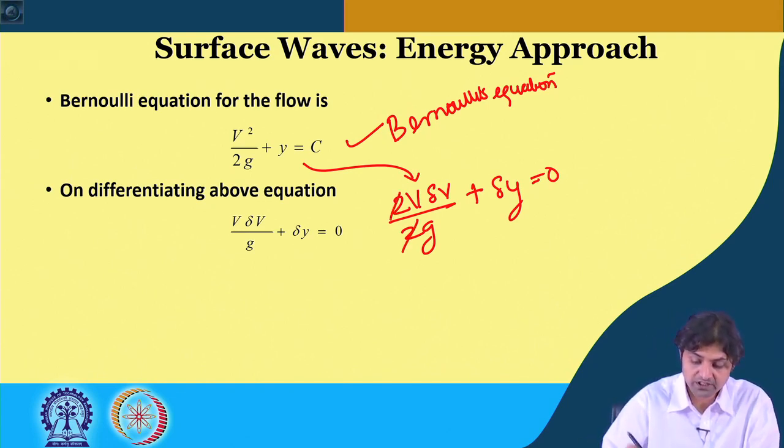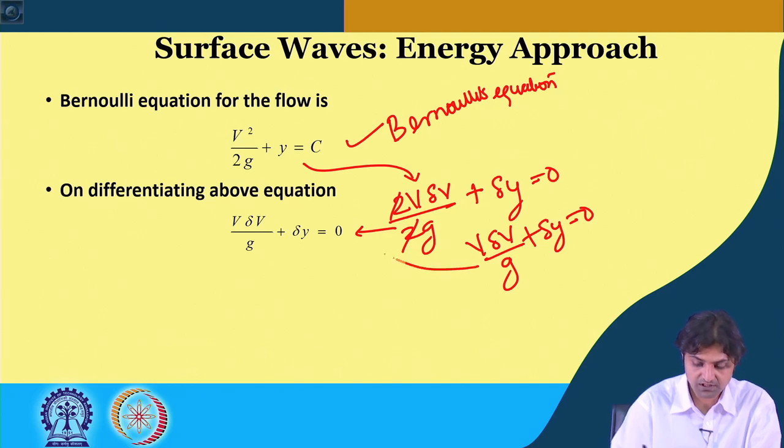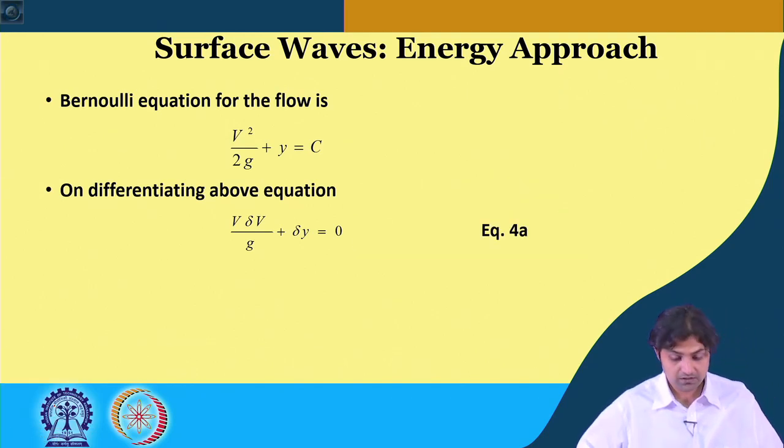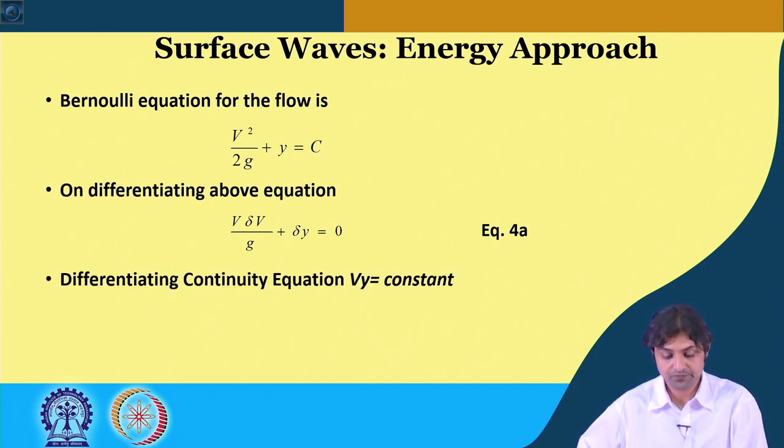So, 2 and 2 get cancelled. So, we get this equation, V delta V by g plus delta y is equal to 0, same as this one here, all right, and we call this one equation 4a.